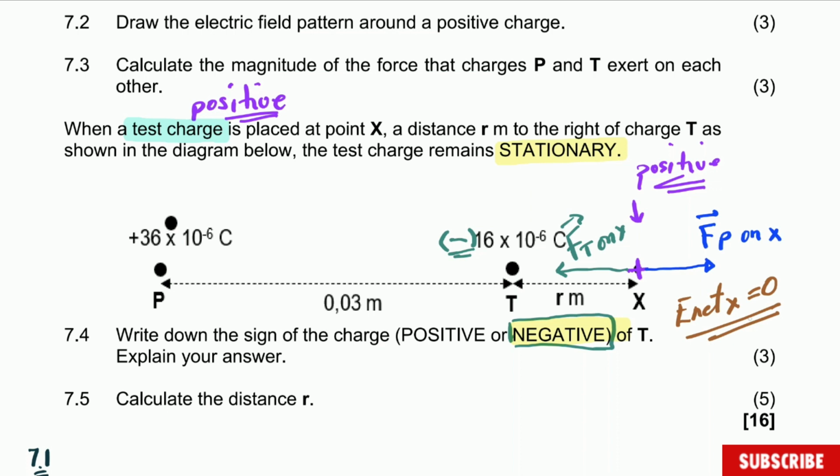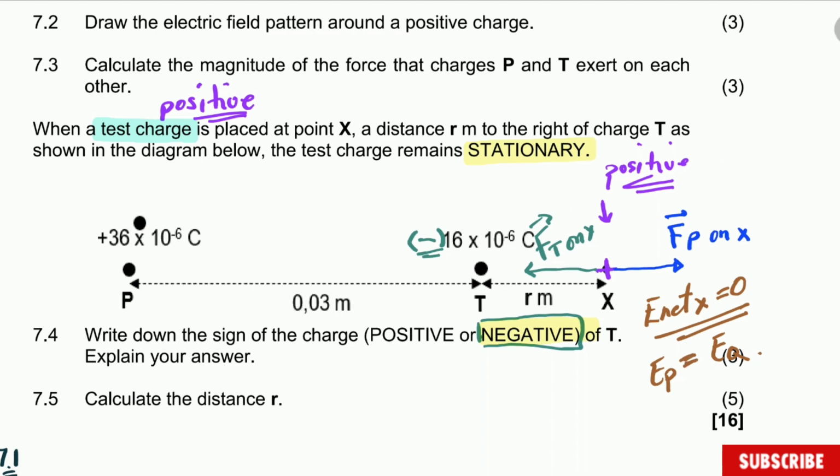For the net electric field to be 0, it must be that the electric field of P must be equal to the electric field of T. Okay, they must be equal, but in the opposite direction. I'm going to write here opposite direction.